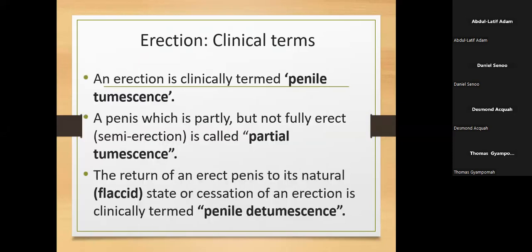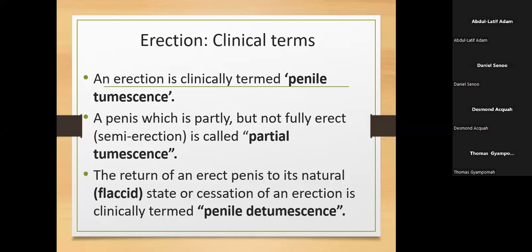So what are some of the clinical terminologies? As we are in medicine, within the health sector, you have to understand some of the language within the clinical context. Normal erection is everyday English, and everybody understands it. But clinically, the term for it is penile tumescence.